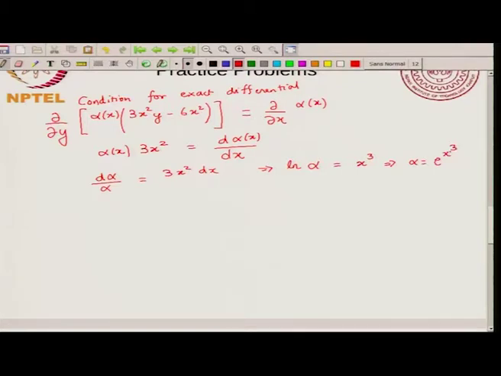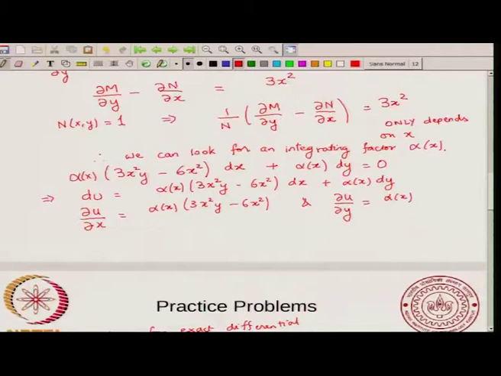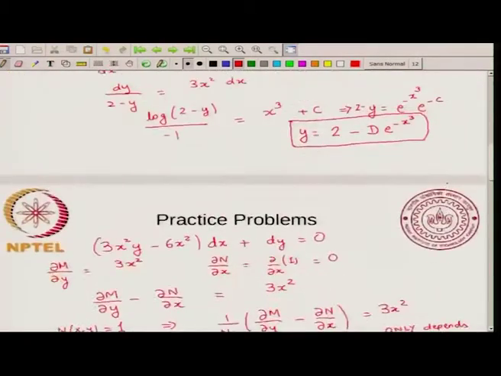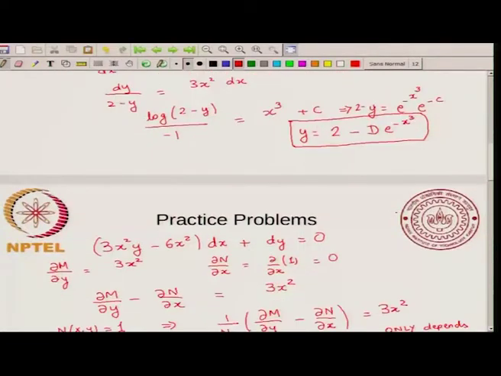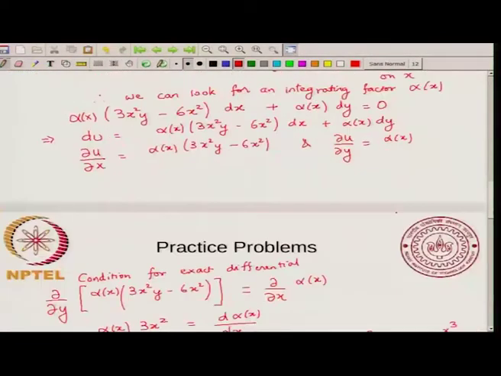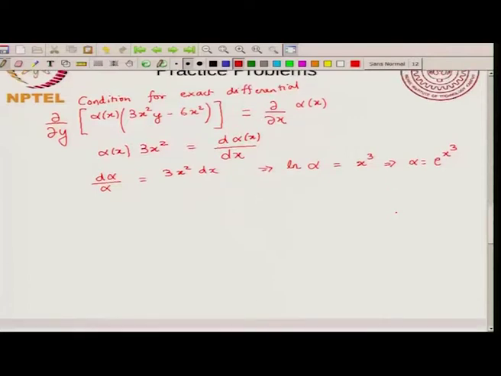I am not writing the constant of integration, that will not be necessary here. Okay. So, alpha equal to e raised to x cube. And you recall here we had this factor of e raised to minus x cube in the actual solution, 2 minus d e raised to minus x cube, and we will quickly see how this will also give the same result.